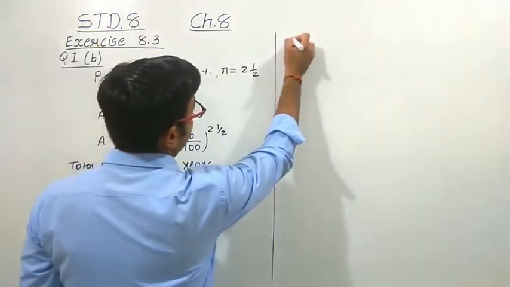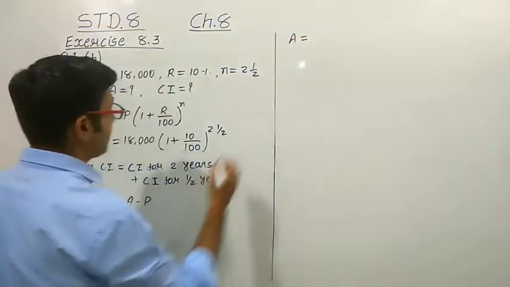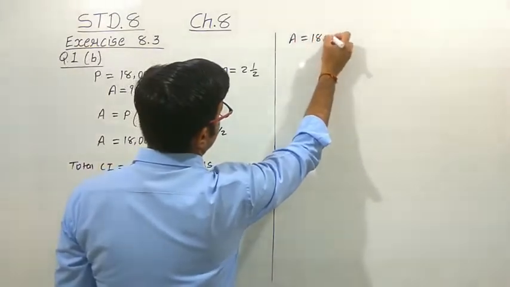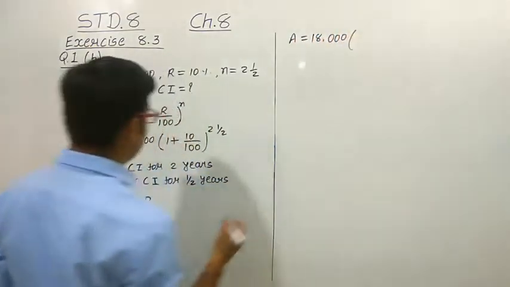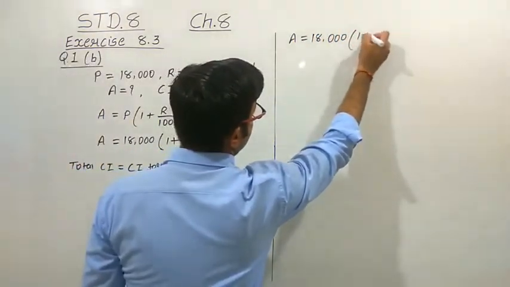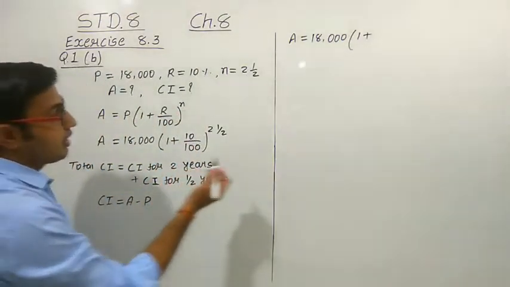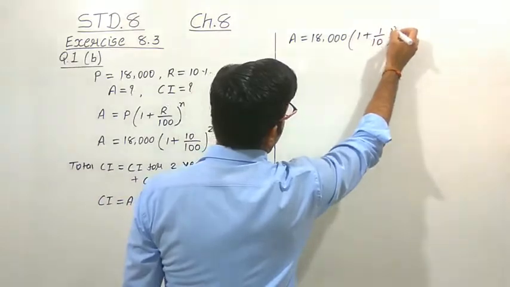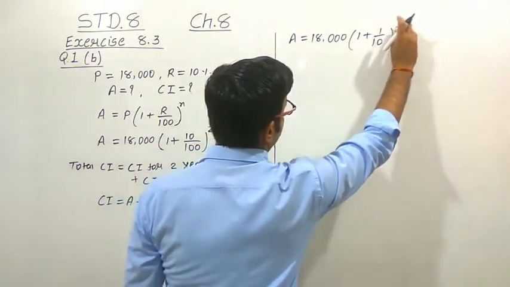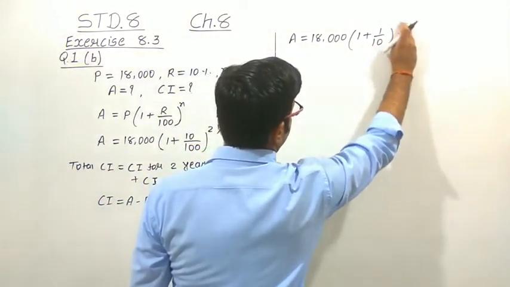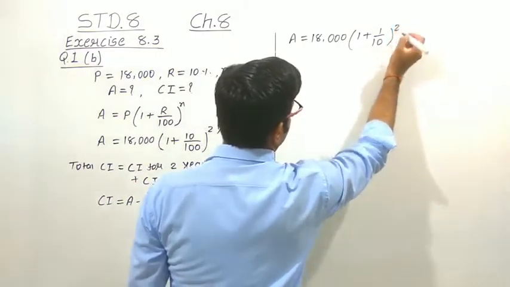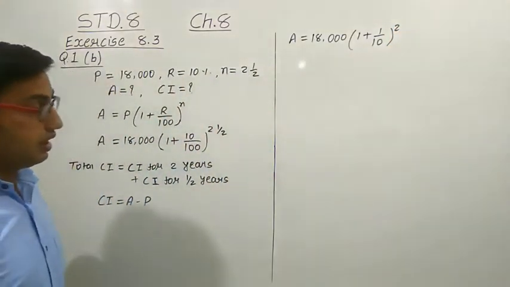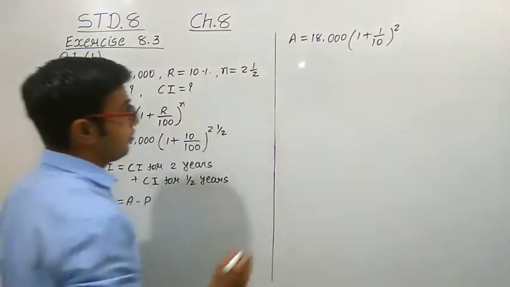So we will get the amount A is equals to 18,000 in the bracket 1 plus, see, 10 upon 100. Now we can write down it as a 1 upon 10. Which power now we have to take? Here we have to take the year only 2. Understand? Now let us calculate for the 2 years.